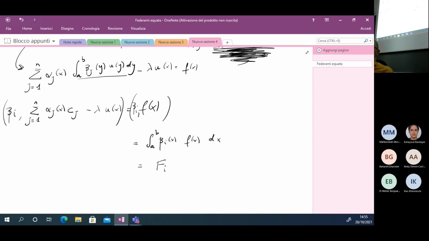This means that the left hand side can be written in this way: the sum between 1 and n of the inner products of beta i, alpha j, c j, minus lambda inner product between beta i and u.